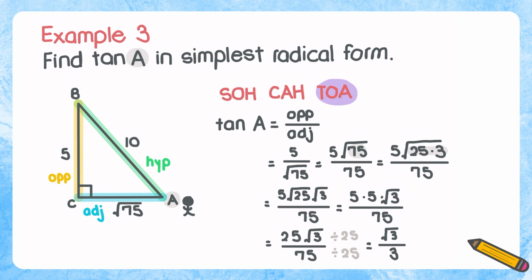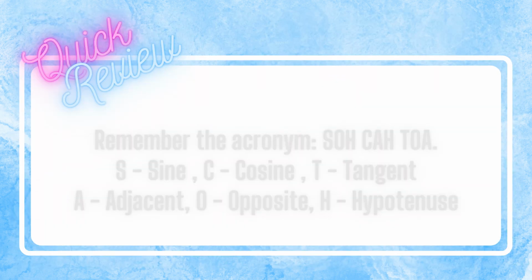So here in this example, we had a lot more steps, but just take your time, break down the problem, and go through it step by step. Remember to rationalize the denominator if there's a radical in the denominator, and to simplify as much as you can. So when you're setting up trig ratios, remember the acronym SOHCAHTOA. S stands for sine, C for cosine, T for tangent.